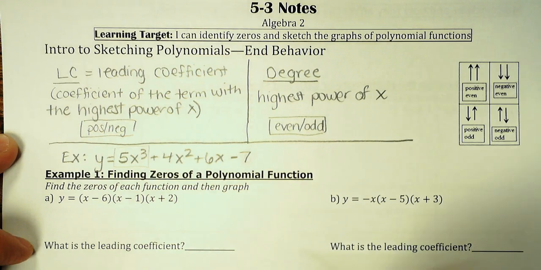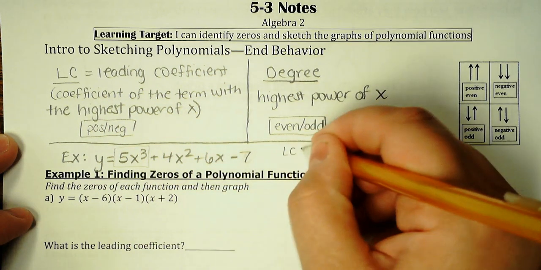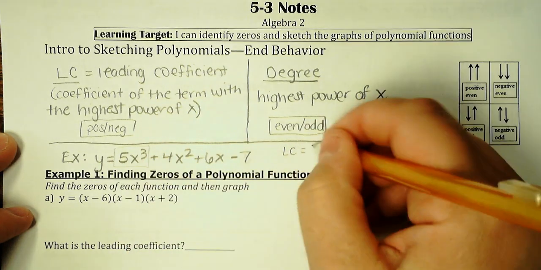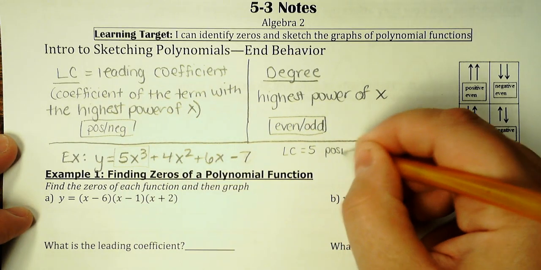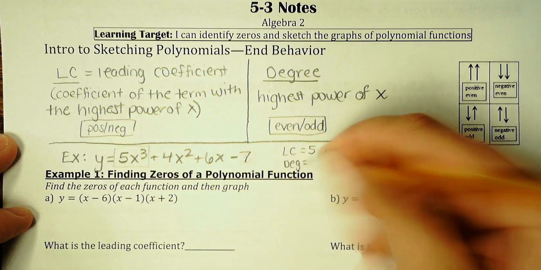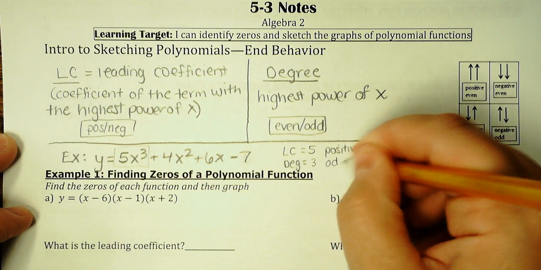So in this case, my leading coefficient is going to be the 5 out in front of that x to the third, and so obviously that's a positive number. And then my degree here is the highest power of x. That's going to be 3, so that would be odd.